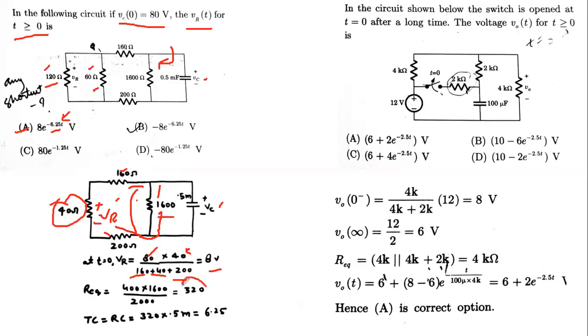So my equivalent resistance is 240 ohm, and the time constant RC is given as R times the capacitor value of 0.5 millifarad. So my option A is correct.